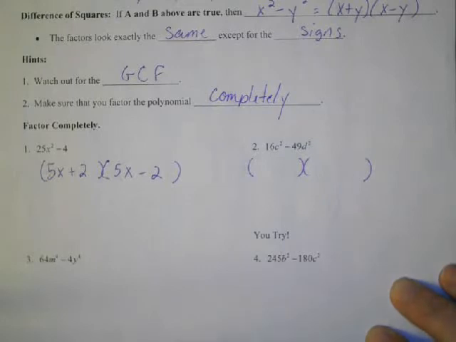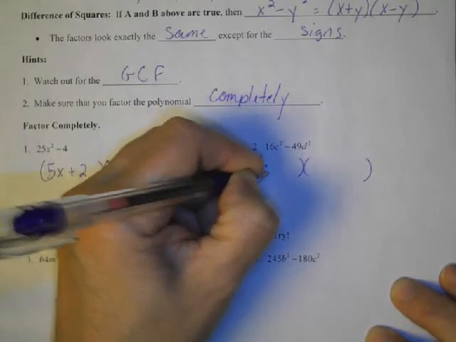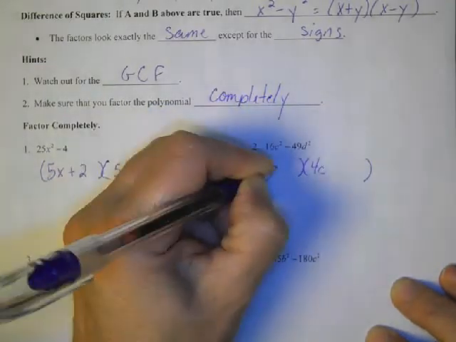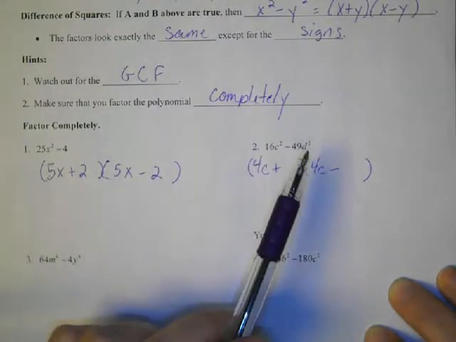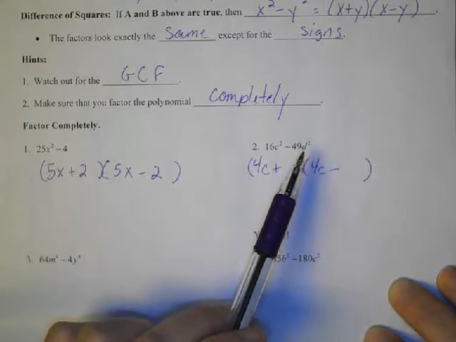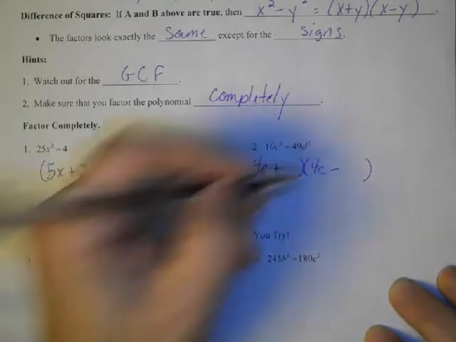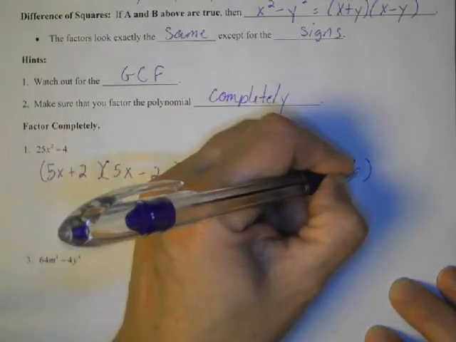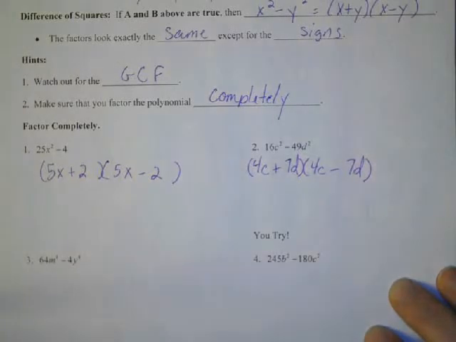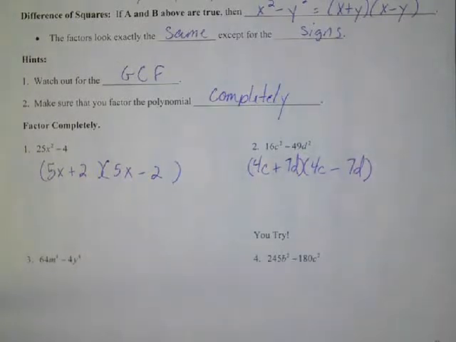I'm going to use 4c twice for 16c squared, plus and minus, and then be careful, this has a d squared on the end, so I'm going to use 7d times another 7d in the other parentheses. And I have factored that difference of squares.